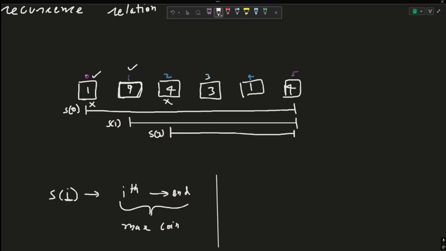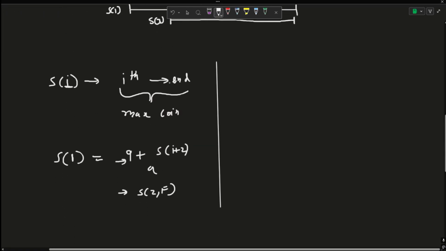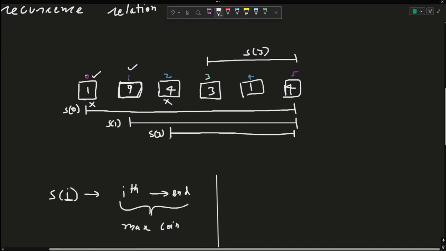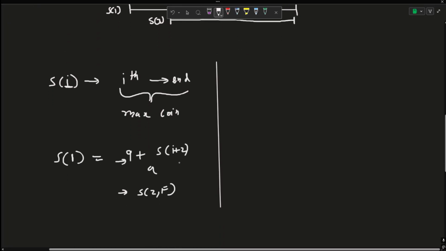Because I cannot rob this house. I can directly calculate S3. There is no meaning in calculating S2 because I cannot rob the house second in number. So why would I call S of I plus 1? I'll call S of I plus 2.